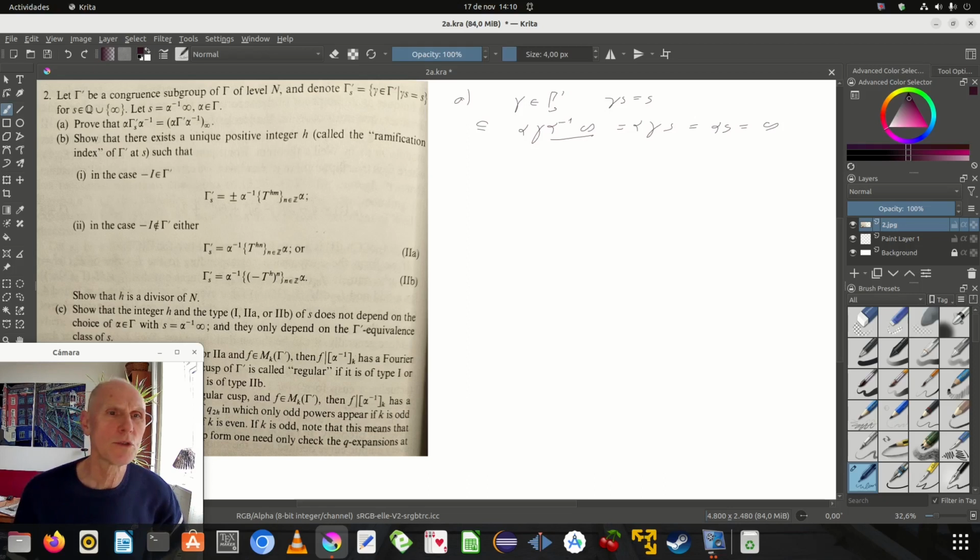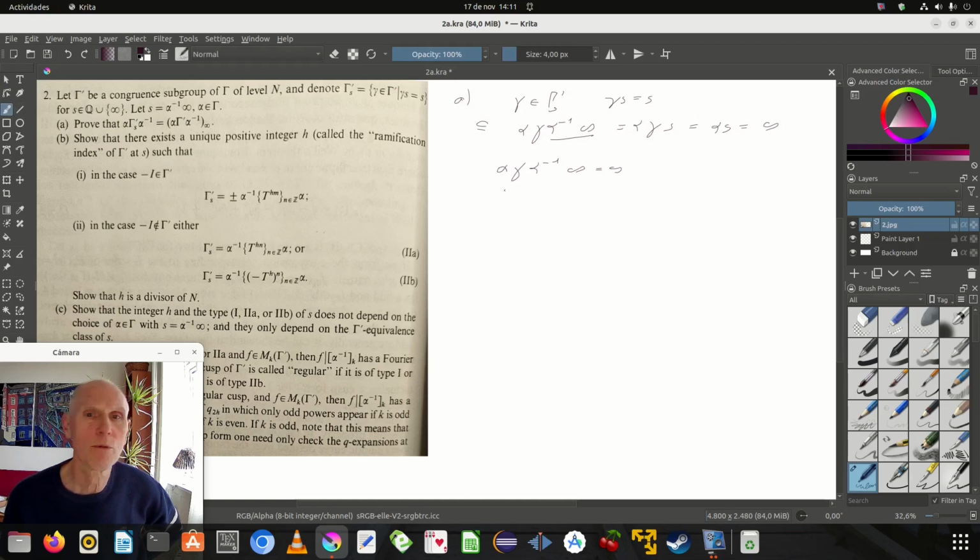No, that was what we should. Yeah, we have to assume then that alpha of some gamma, alpha to minus first of infinity equals infinity, and then work out that gamma lies in this set.